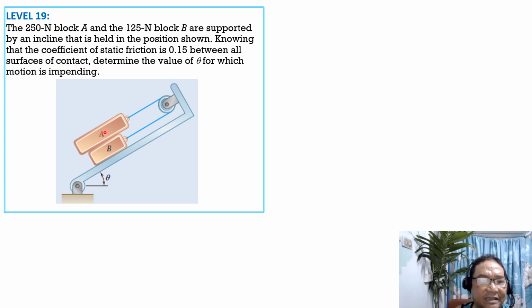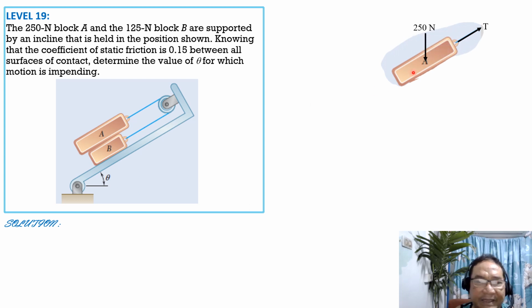Since A is heavier than B and they are only attached to this one cord, A will definitely move downward while B moves upward. So if A moves downward, if we draw the free body diagram for the solution, then the frictional resistance should be up as shown in the free body diagram.